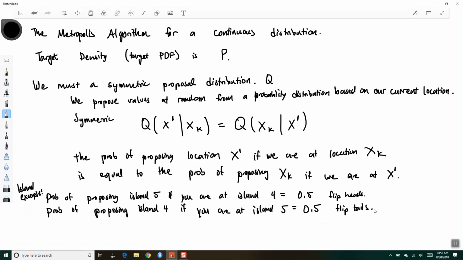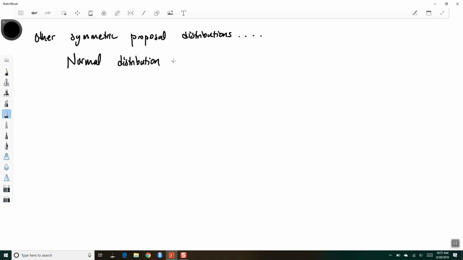Is that okay? All right, so we have other examples of things that are symmetric. Other simple symmetric proposal distributions could be a normal distribution centered at xk, right?